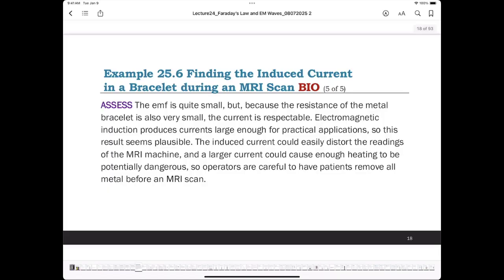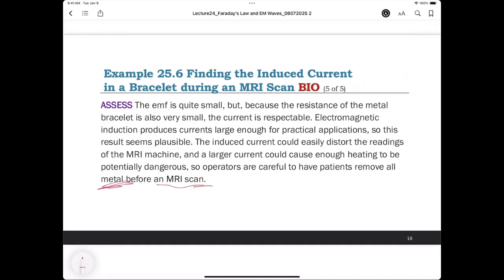So that's the reason why, if a patient goes to have an MRI scan, he or she needs to remove every metal thing from the body.